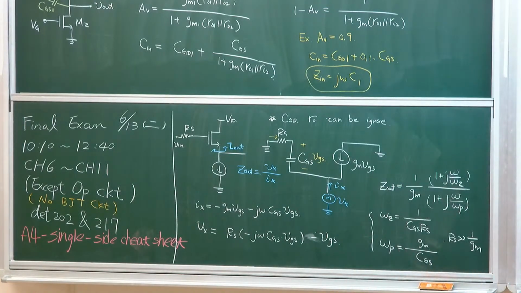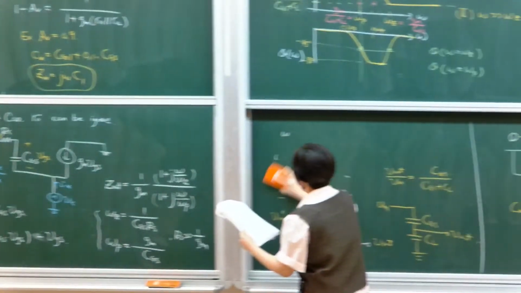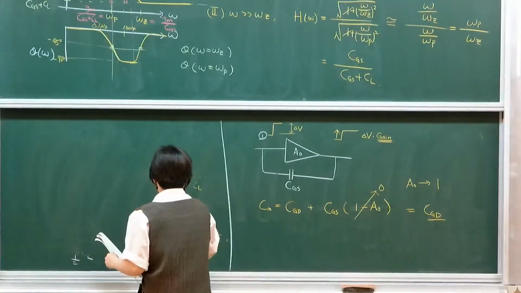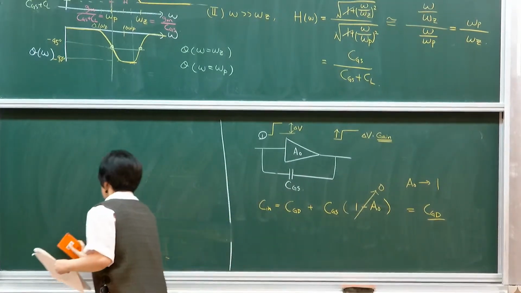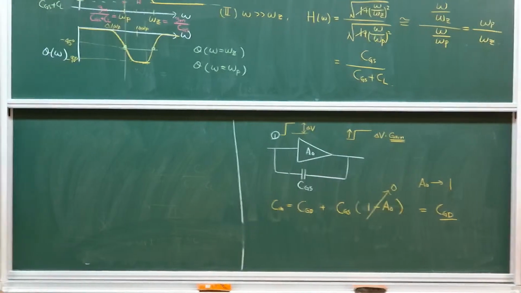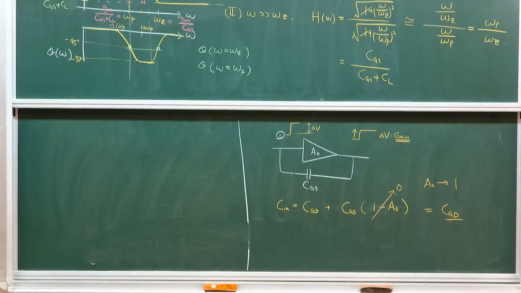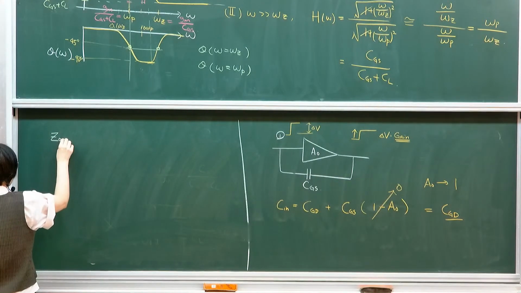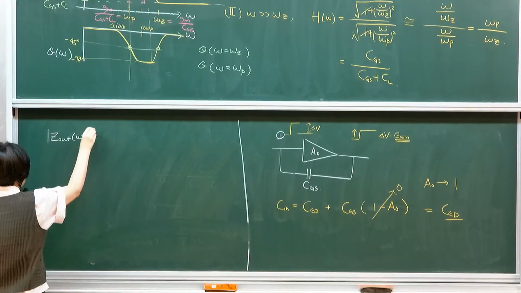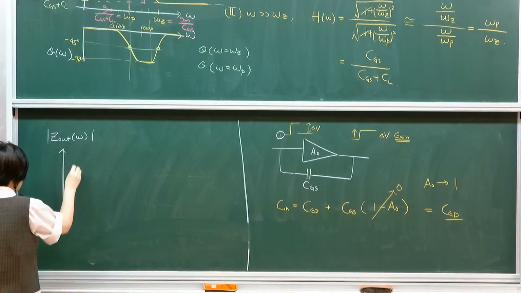Let me get rid of this. So again, if I ask you to plot the input resistance change, you also need the boundary. So I have Z out as a function of frequency, and we're only looking at its absolute value.